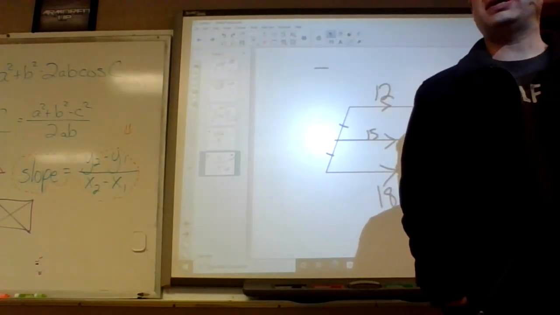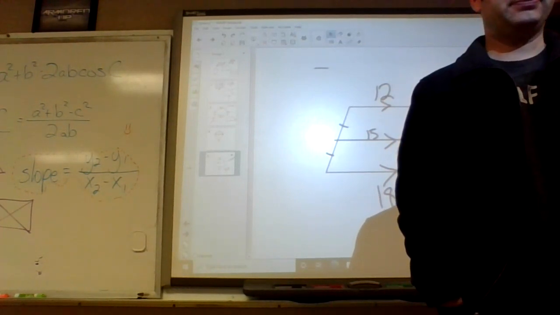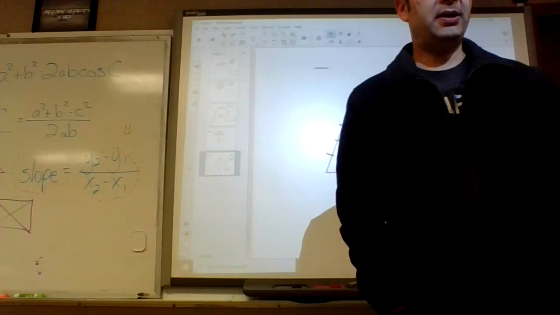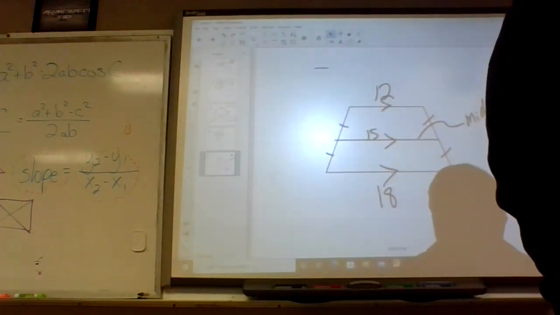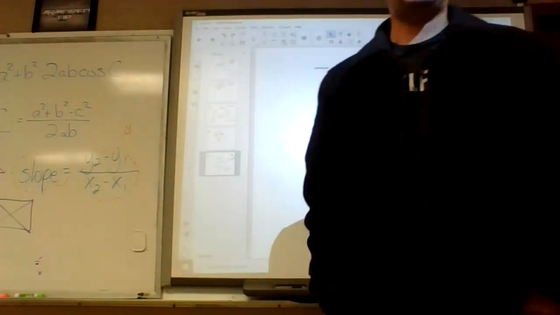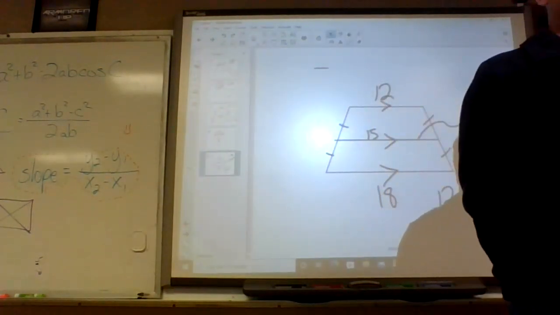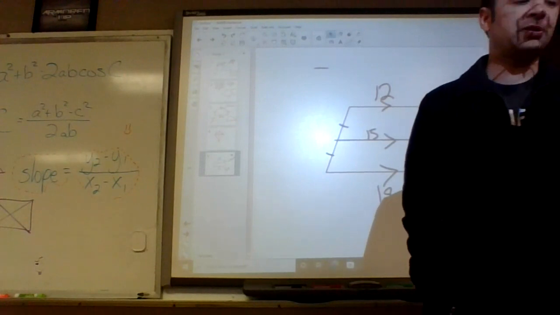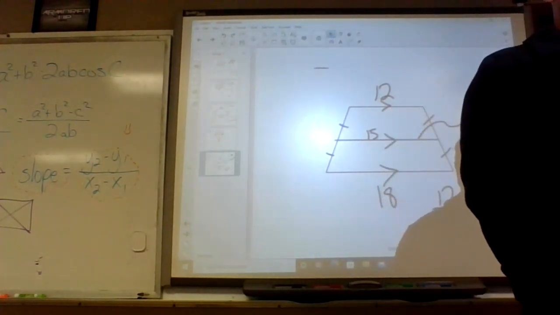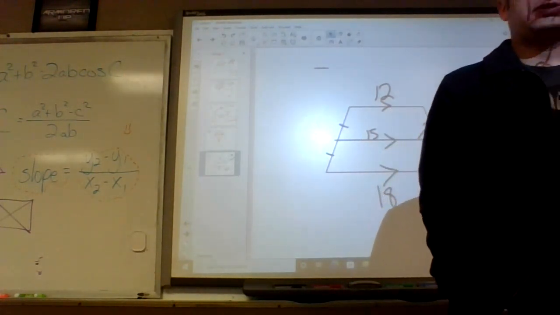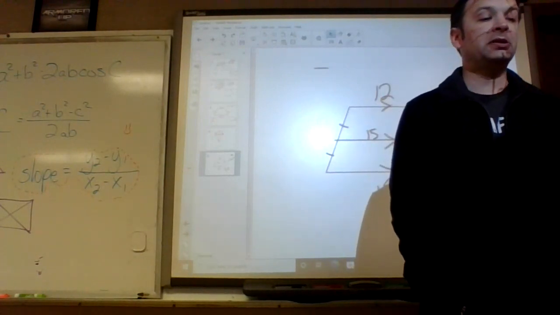Okay, number 1, is that an isosceles trapezoid? No, it's a little bit lopsided, and the angles are not the same on the top and the bottom, so it's not. But number 3 is an isosceles trapezoid because it tells us AB and DC are the same length.